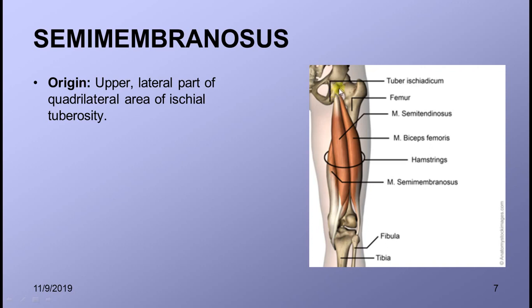The triangular area can be divided by a vertical ridge into a medial area and a lateral area. So actually there are 4 areas on the ischial tuberosity, of which semimembranosus arises from the upper lateral part.